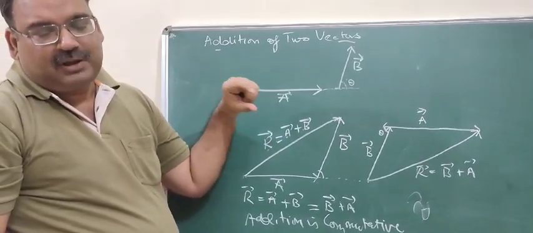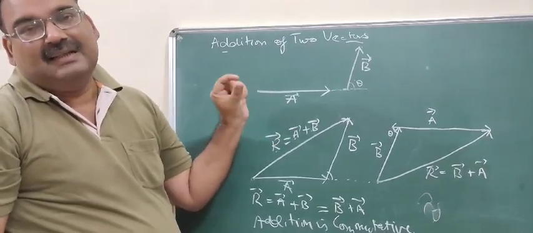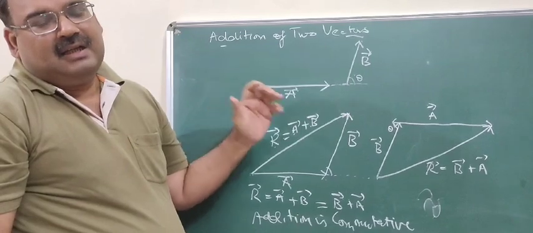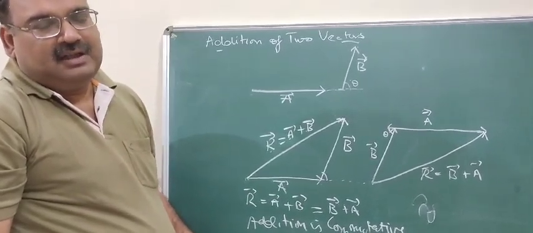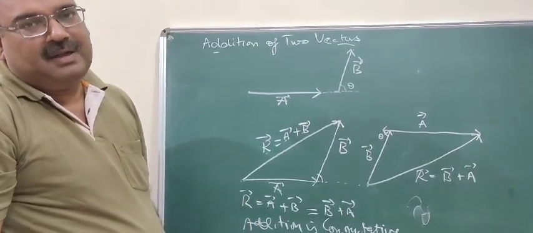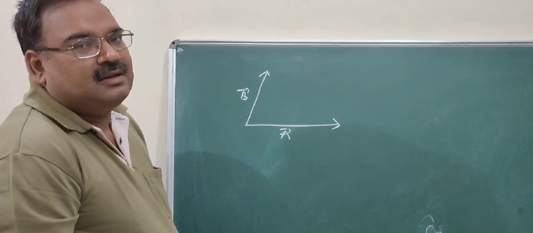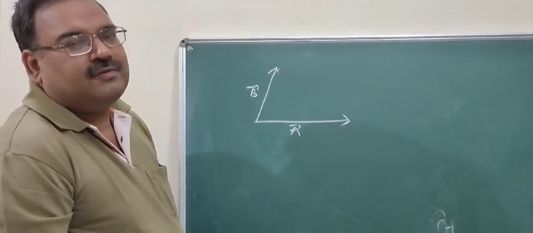But what we have to keep in mind is the angle between the two vectors. If we take that angle between the two vectors correctly, then we can get the same resultant vector in any of the conditions of addition, whether it is b plus a or a plus b. The method that we have used for the addition was also known as law of triangles.